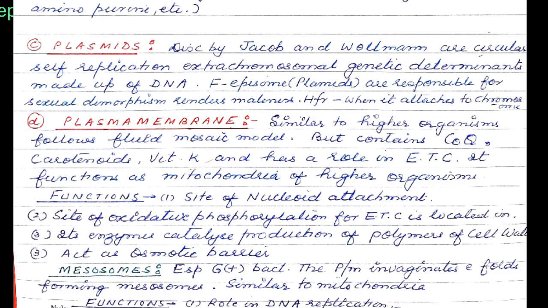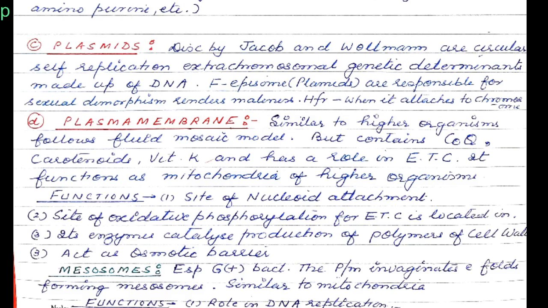They were discovered by Jacob and Hayman, and in fact they contain some antibiotic resistance genes, and the plasmids are not necessary for the survival of the bacteria. But one important thing they do to the bacteria is they confer sexual dimorphism or maleness to the bacteria in which they are present. They are also called F episomes and are responsible for maleness or sexual dimorphism.